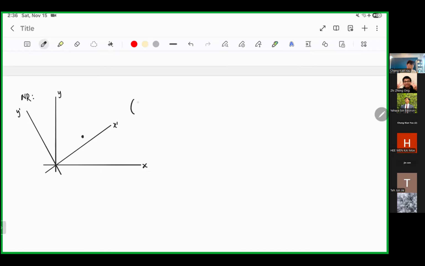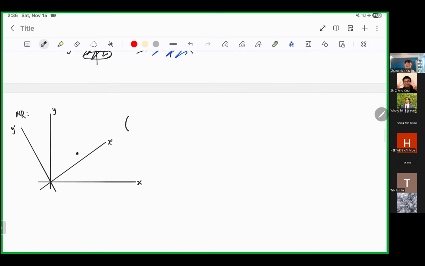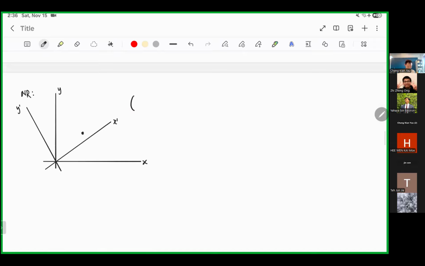This assumes matrix knowledge already, but if you've learned matrices before, we can write the equations like this.